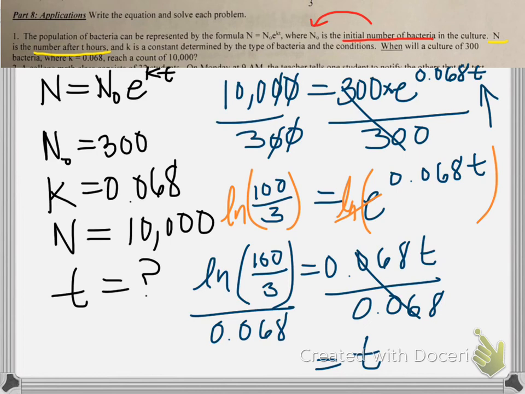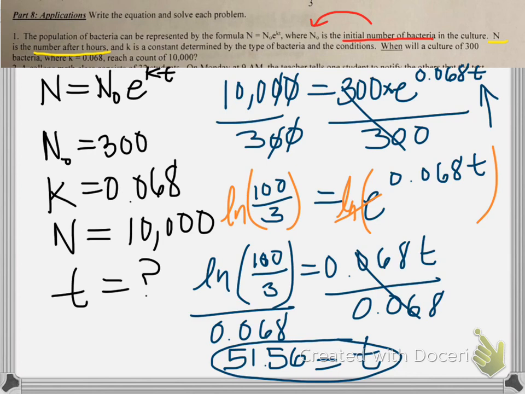This cancels, and t equals that. So we're going to let the calculator handle this. Let's go ahead and see what that is.